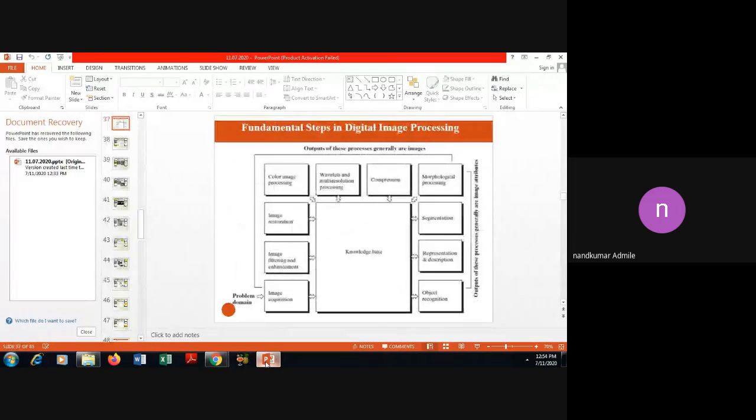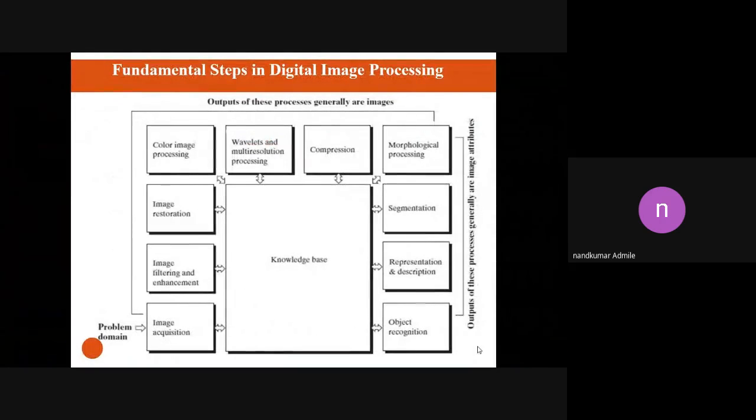Okay, so now everyone listen carefully. In unit number 1 we start with the various fundamental steps in image processing. Before that we study the general things: the various applications of images, how we can represent images, where image processing can be used in real time, and the history of image processing, when the first image was used.